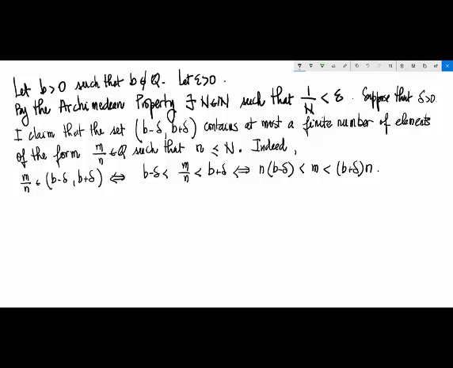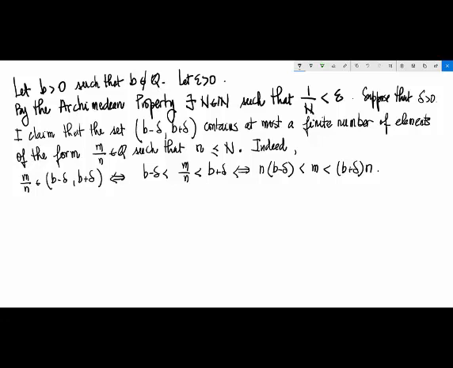So we already know there are only finitely many denominators which are less or equal to n. On top of that, m must satisfy the following criterion: m must be less or equal to b plus delta times n.